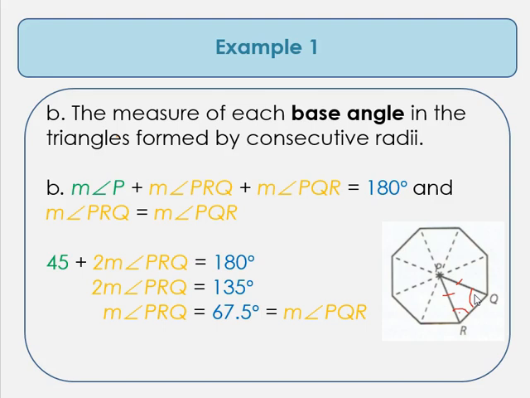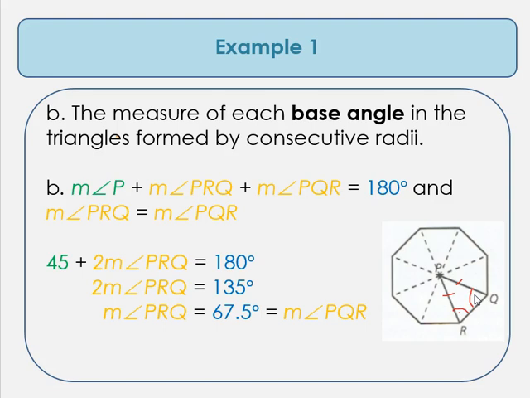And we also know that angle PRQ and angle PQR are equal to each other. And that's because of the isosceles triangle theorem that tells us that the base angles are congruent. So let's solve for their measure. And we already know that angle P was 45 degrees from solving problem A. And we can add these two measures, and they skipped a step here.